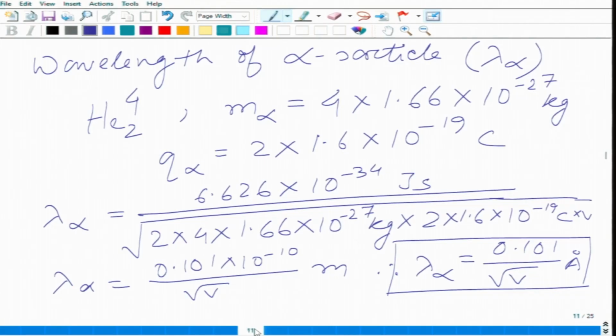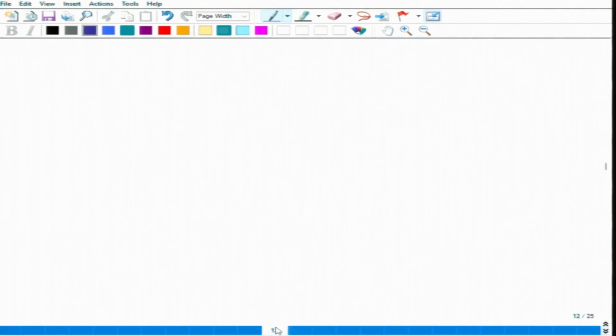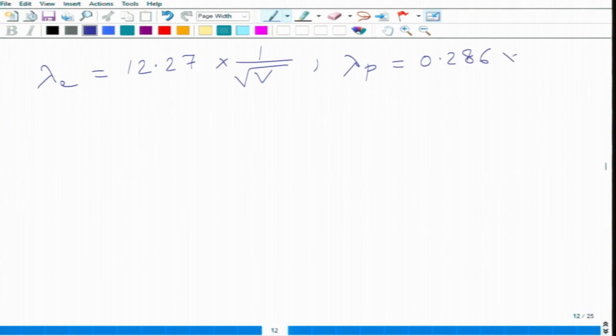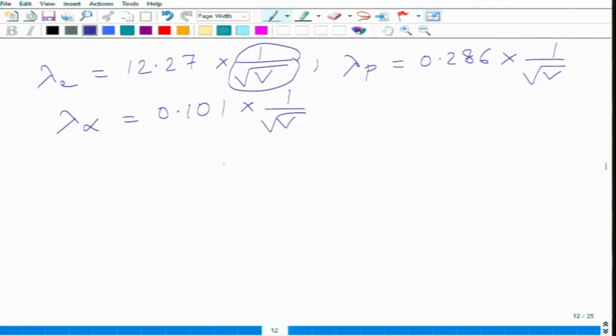If we compare, the wavelength of electron is 12.27 into 1 by root V, the wavelength of proton is 0.286 into 1 by root V, and the wavelength of alpha particle is 0.101 into 1 by root V. Therefore, the 1 by root V term is common in all these expressions, so we will see only these quantities.